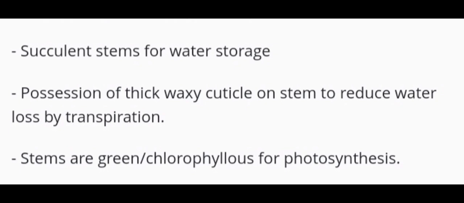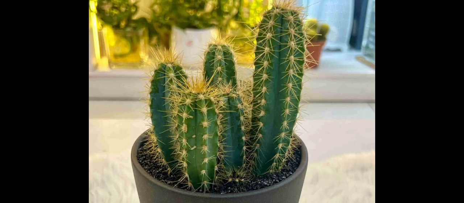Okay, so really remember that the spine in cactus plants is to reduce water loss, and the succulent stems or branches are for conserving water. Now, what are the adaptive features of cactus plants for escaping predators? Of course, the spines on the branches won't allow you to go touch it, so animals don't want to go there and get pricked.